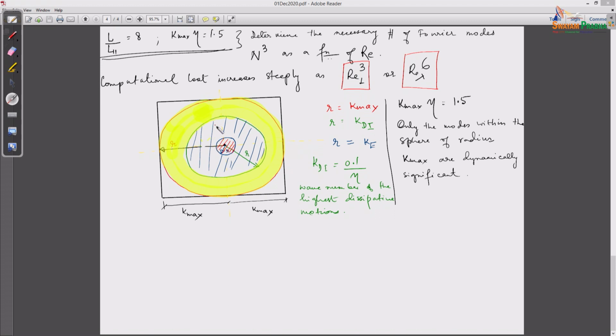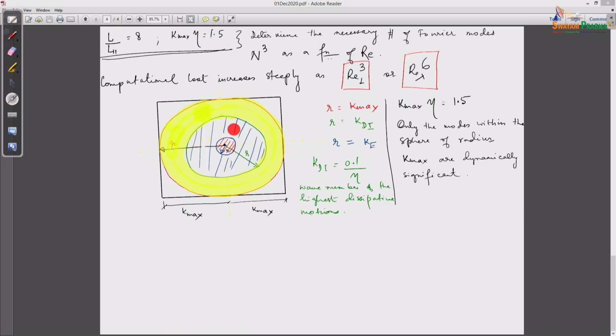This is the dissipative zone, and this small one is where the peak of the energy spectrum lies, and the sub range, the energy containing zone, which is in the dissipative region, is about 0.02%, I think, as we said last time. And that also lies within this blue shaded zone.